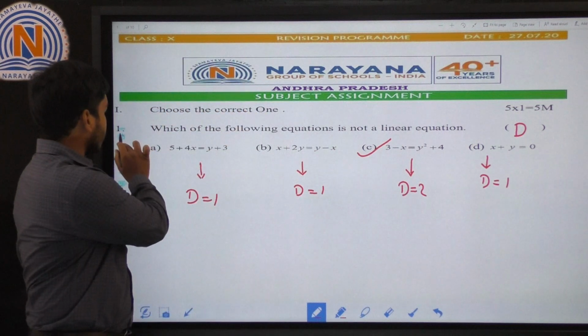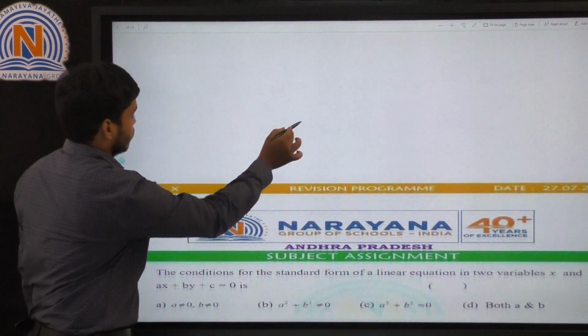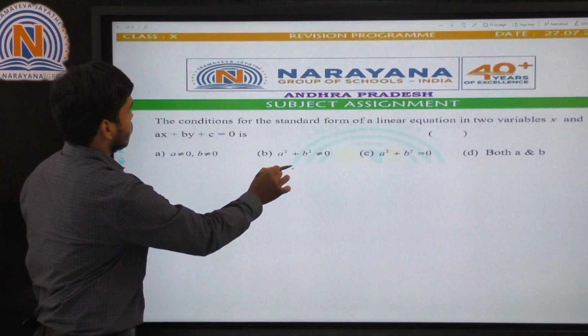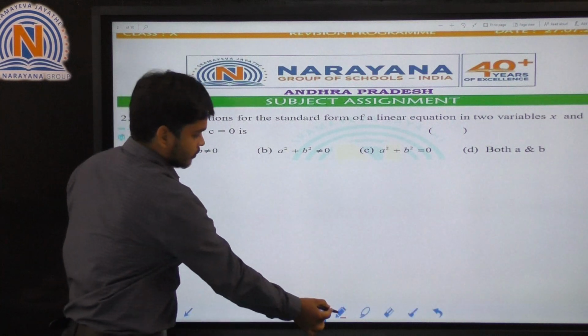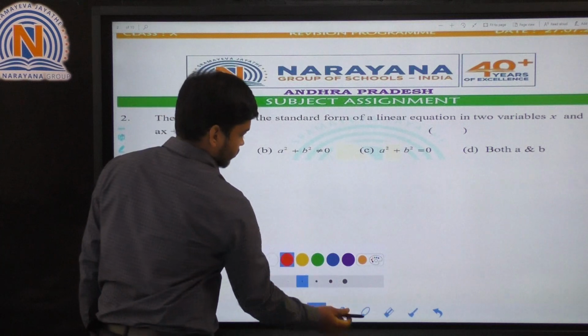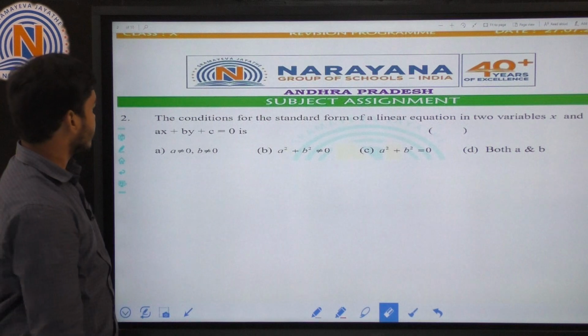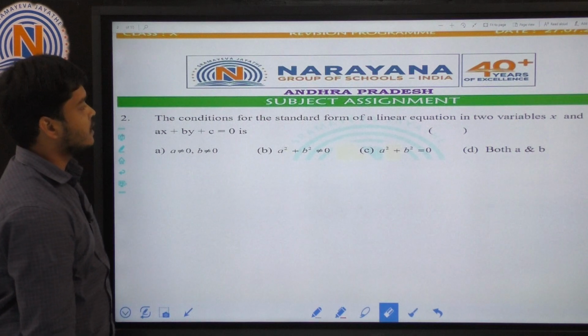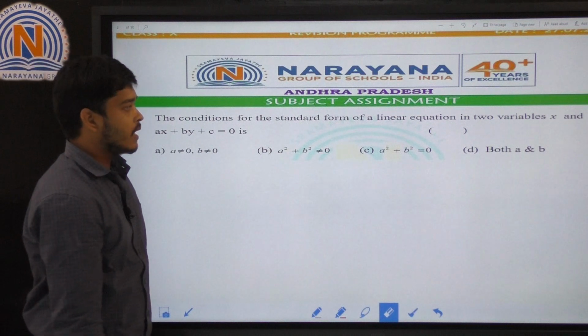Now the second question: the condition for the standard form of a linear equation in two variables x and y.